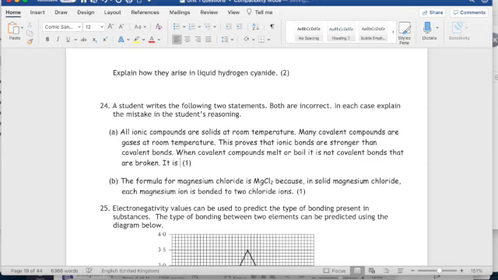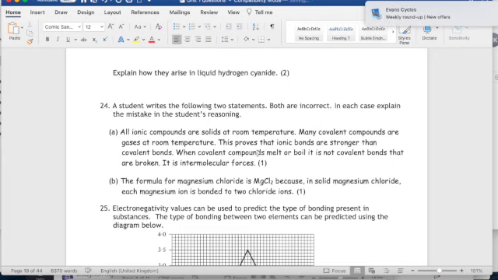It is intermolecular forces. Okay, so that statement, this proves that ionic bonds are stronger than covalent bonds, is just completely wrong. When covalent compounds melt or boil, it is not covalent bonds that are broken, it's the intermolecular forces between the molecules. Okay, I might add that in as well.